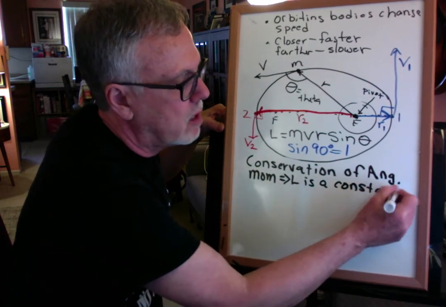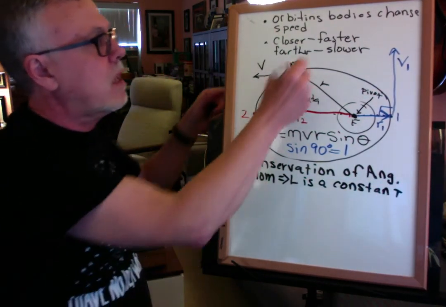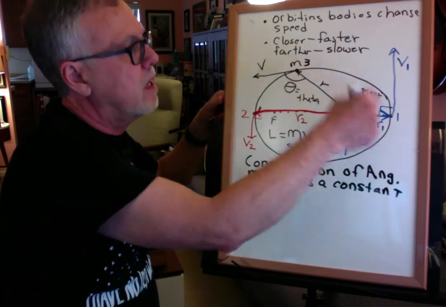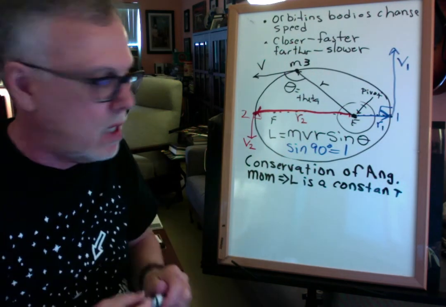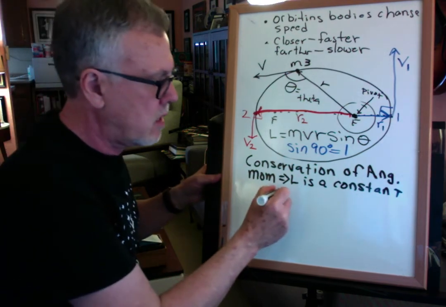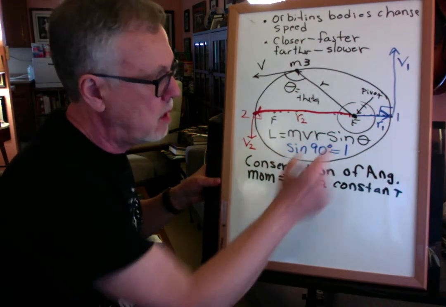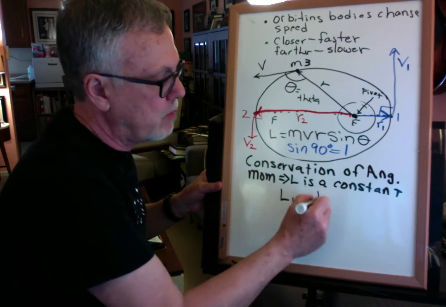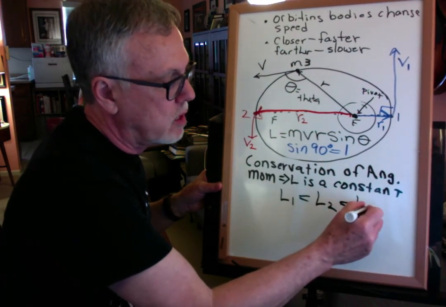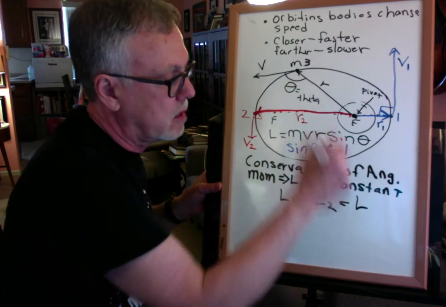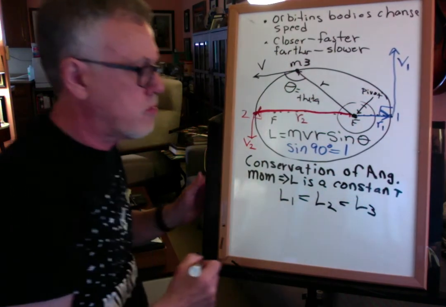It never varies. So if I call this point 3, that's point 1, point 2, point 3, what this says is that the angular momentum at point 1 equals the angular momentum at point 2, which also equals, more generally, the angular momentum when theta is not 90 degrees at point 3.